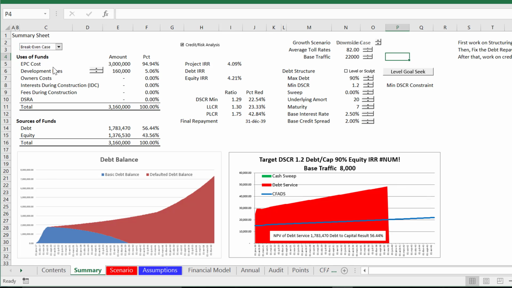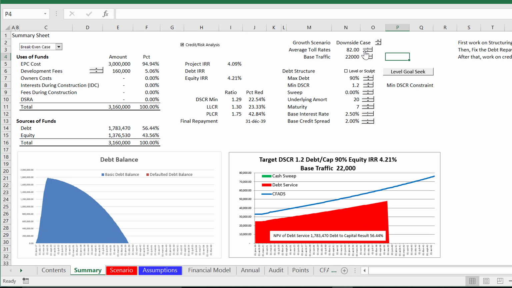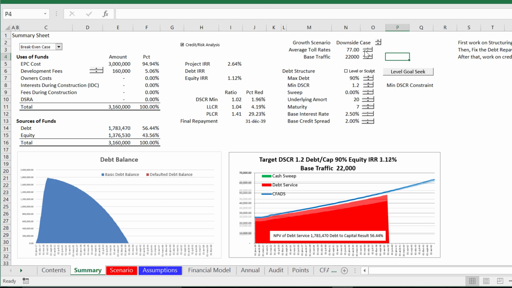Let's go to the break-even case. And let's push the traffic down a little. We want to be able to do a break-even. And we want to see exactly what could happen after we have this low case. How do we switch this to a cash flow sweep? I kind of did it too extreme, maybe.